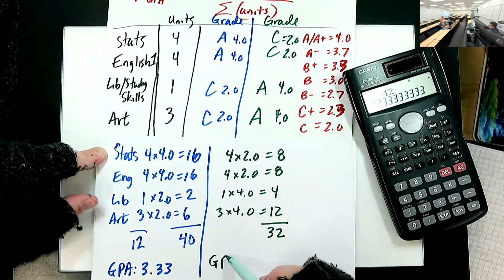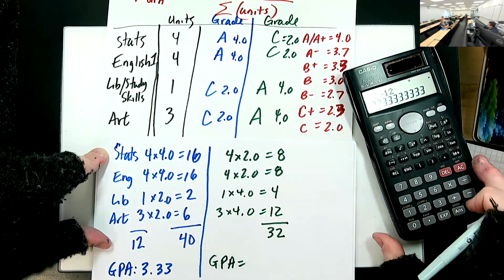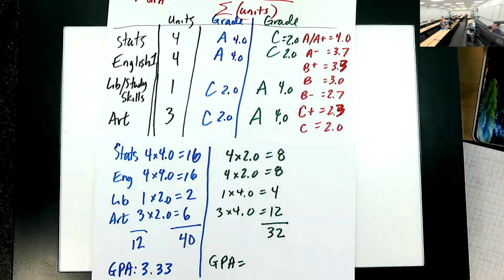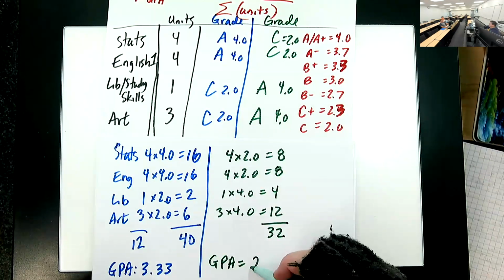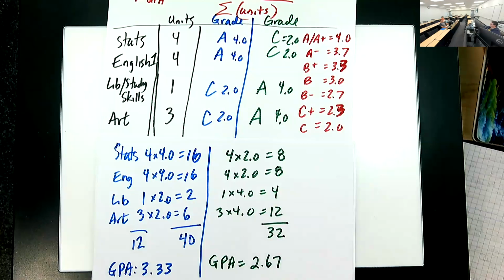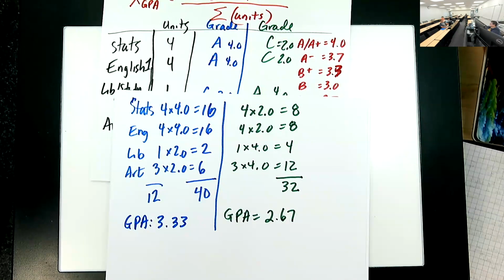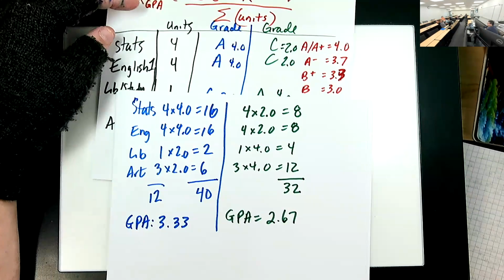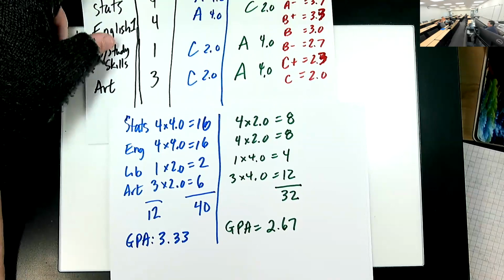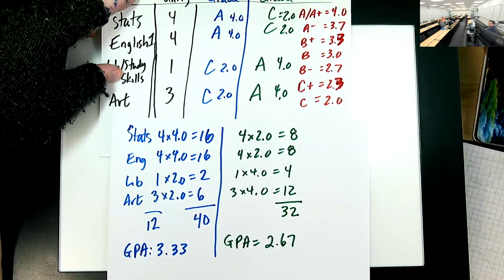So if I do 32 divided by 12, you get 2.67. Both students got 2 A's and 2 C's. Their GPAs are drastically different.